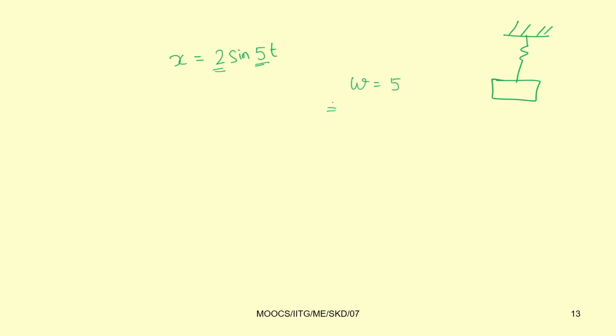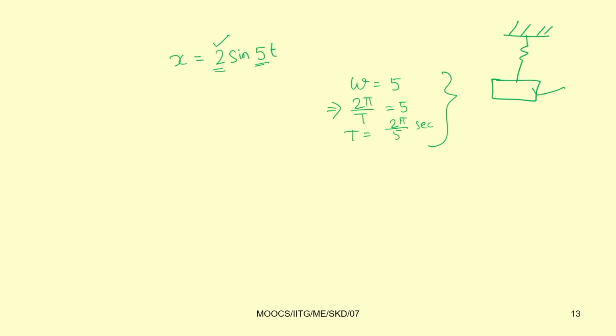The meaning of this is omega equal to 2 pi by T, where T is the time period, equal to 5. So, the time period of oscillation in this case of the spring mass system can be 2 pi by 5 second. So, this is the time period.